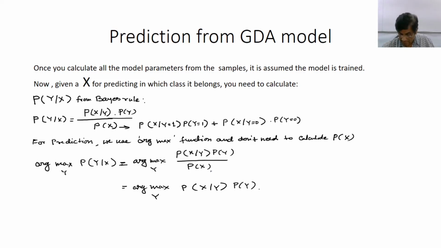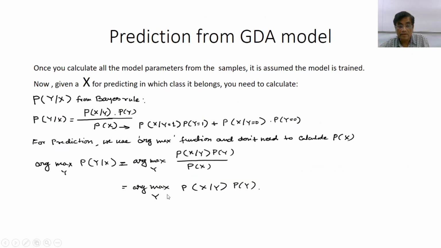Normally, for calculating the argmax function, it is not necessary to compute this, because it will be a constant, as has been illustrated here.